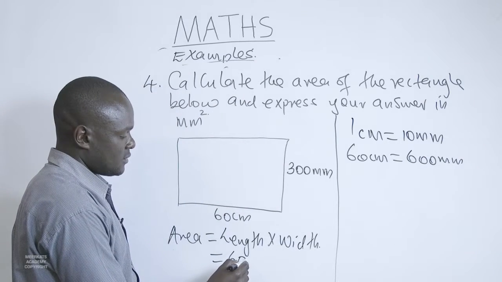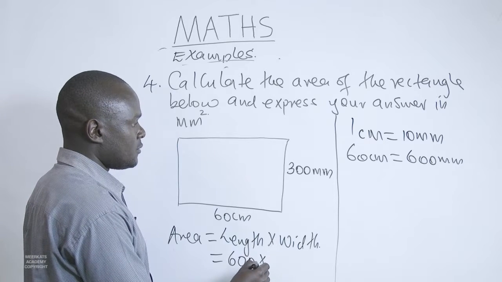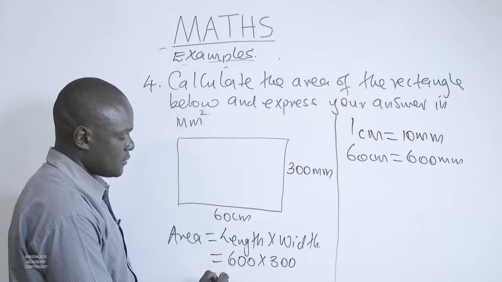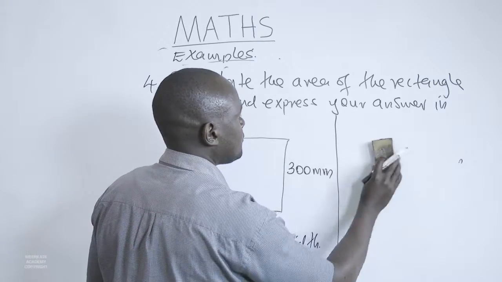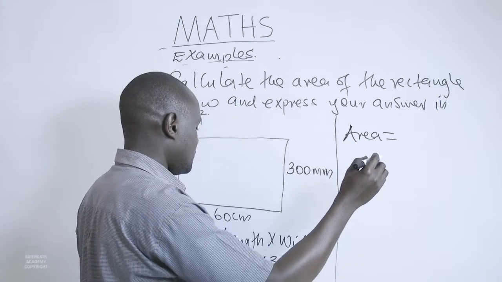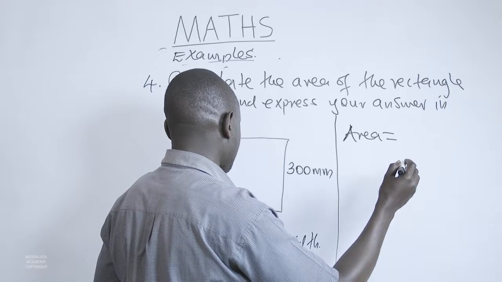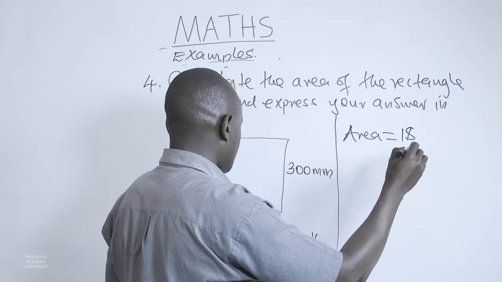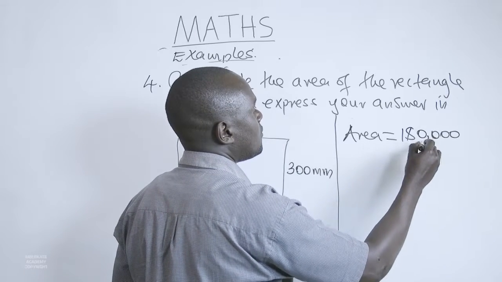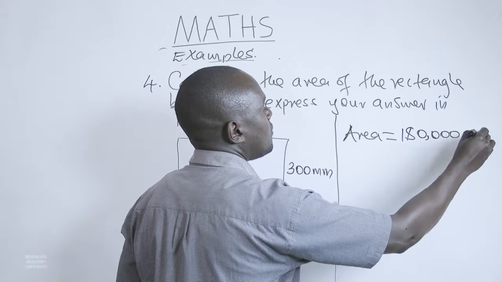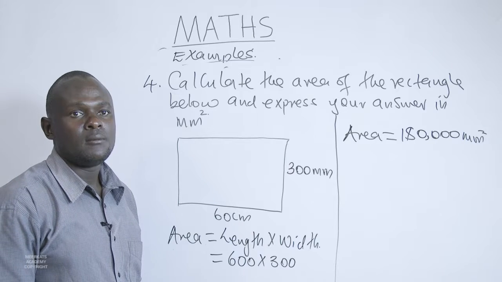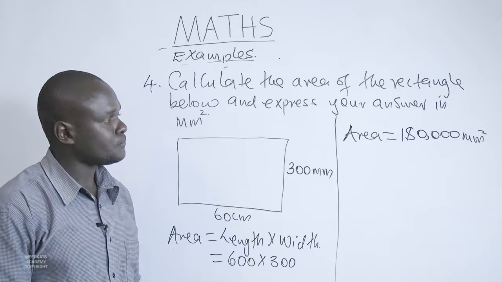So this will be the same as 600 millimeters multiplied by 300 millimeters, and this will give us an area of 180,000 millimeters squared.